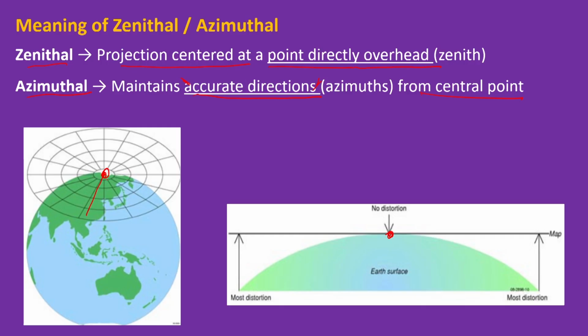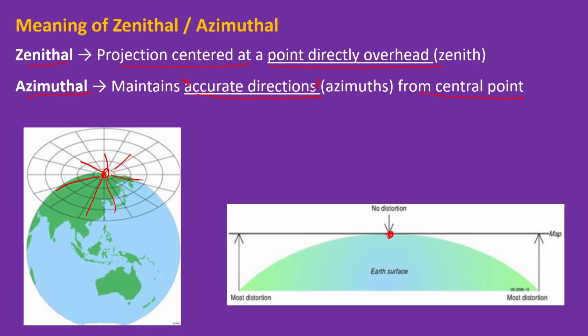That is the reason why we use this projection for most navigation purposes. Let me repeat again, zenithal is nothing but touching any one point directly overhead. Azimuthal is nothing but maintaining accurate direction. This is the difference between zenithal and azimuthal.